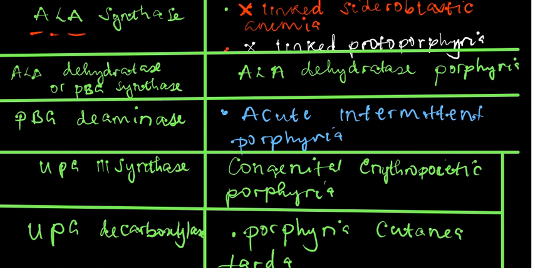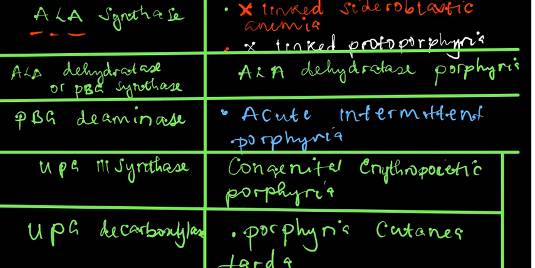Then the next one is PBG deaminase. With this PBG deaminase, the disorder is what we call acute intermittent porphyria.